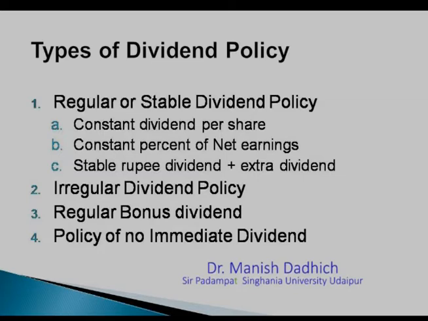When a company is growing or not able to pay dividend on a regular, frequent basis, it would come in the category of irregular dividend policy. When a company issues bonus dividend on a regular basis, it would be regular bonus dividend.